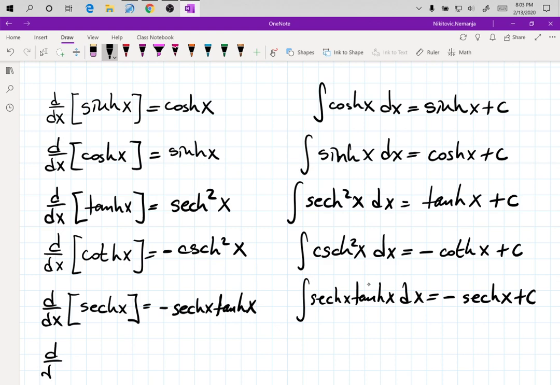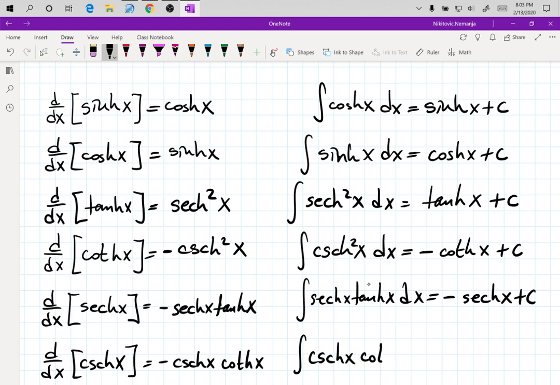Finally, the derivative of cosecant hyperbolic x is equal to negative cosecant hyperbolic x cotangent hyperbolic x, and the integral of cosecant hyperbolic x cotangent hyperbolic x dx is negative cosecant hyperbolic x plus c.